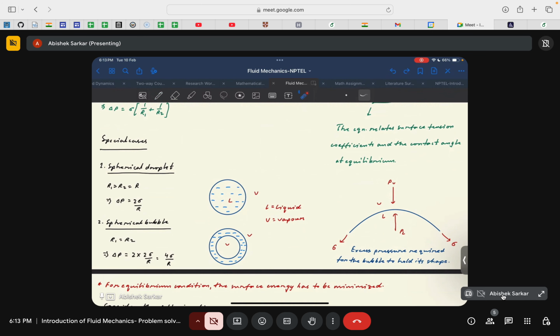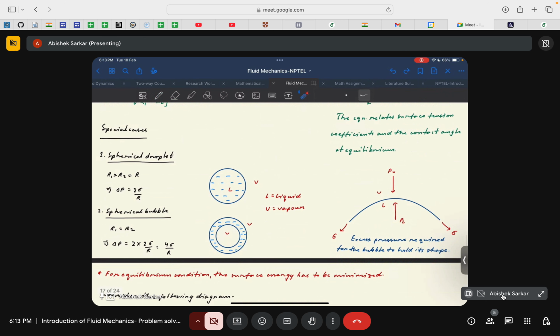If there's a liquid droplet, it has only one surface that separates the liquid and vapor interface, and in that case the surface tension coefficient is used to find the excess pressure within the liquid droplet to maintain its shape.